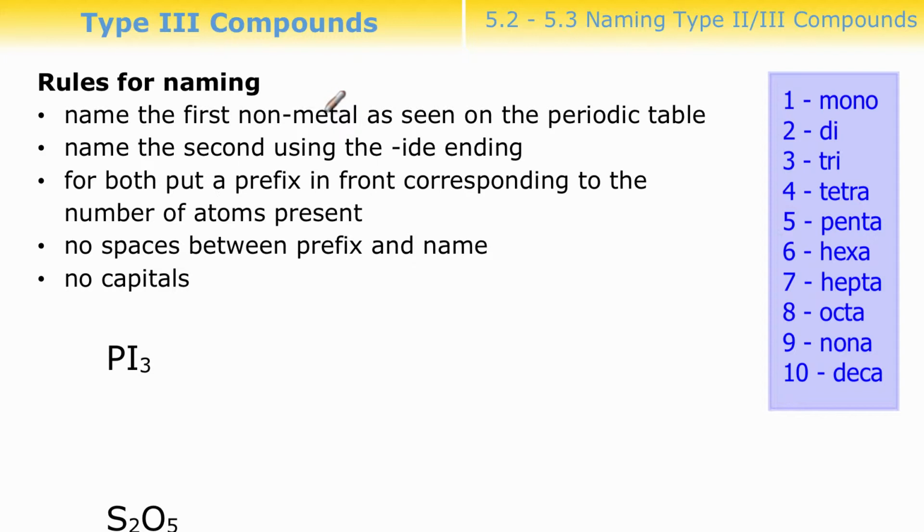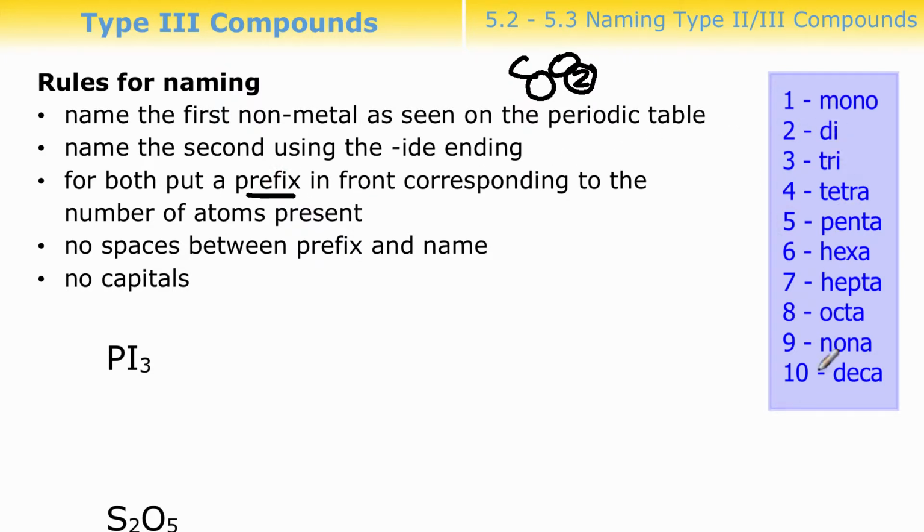Like we'll do CO2. You just name it carbon, and then the second one you'd throw an "ide" at the end, so you call it oxide. But then you have to worry about how many of each of those things there are, so you use a prefix in front of each of those names, depending on how many atoms there are.